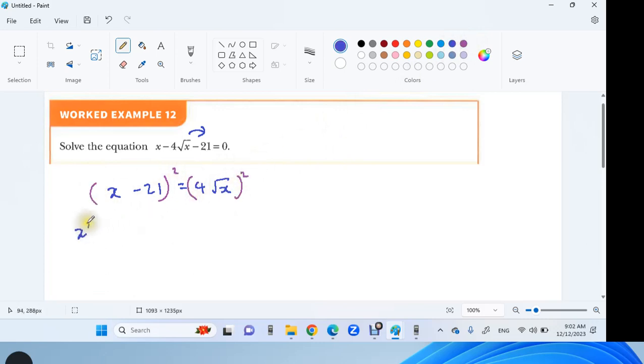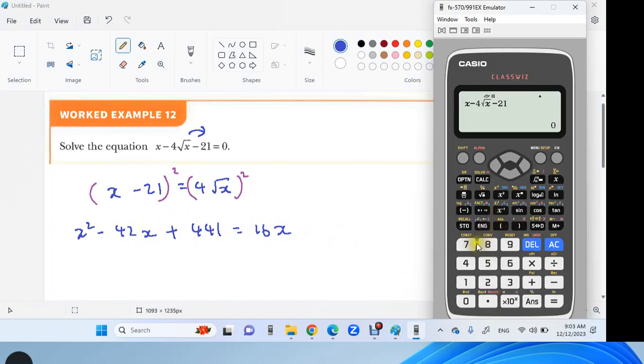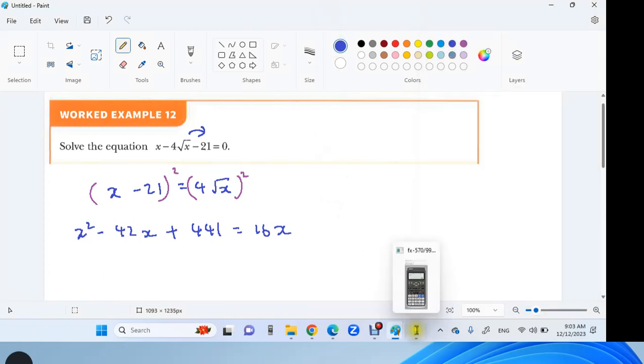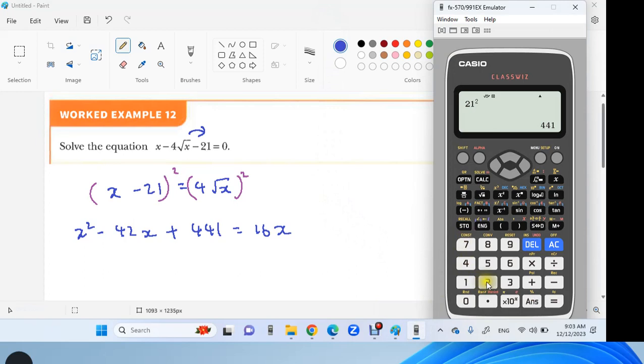Then this is x squared minus 42x plus 441 equal to 16x. Okay, so 21 squared is 441, and 2 times 21 is 42, plus 16 then is 58.